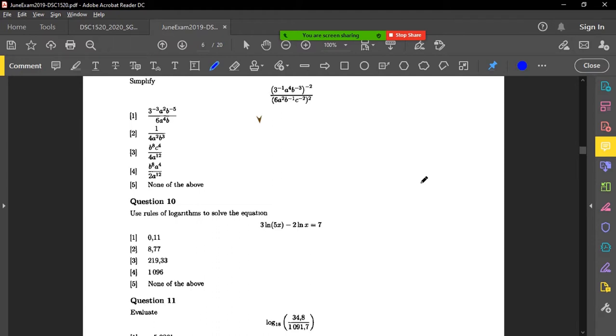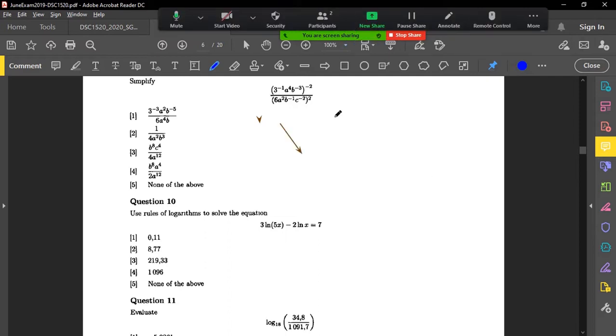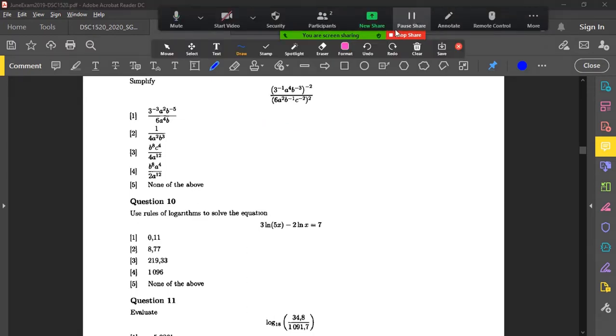Sorry, I selected the draw tool now. Don't worry, that's fine. There should be one that has a pen writing or something. Annotate.